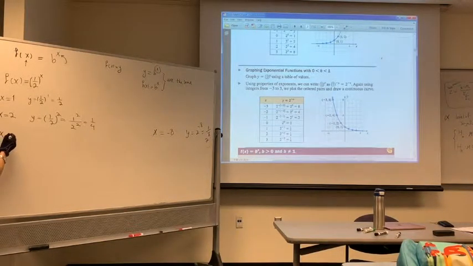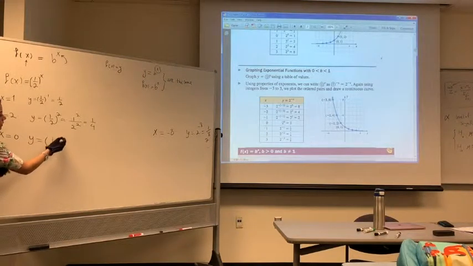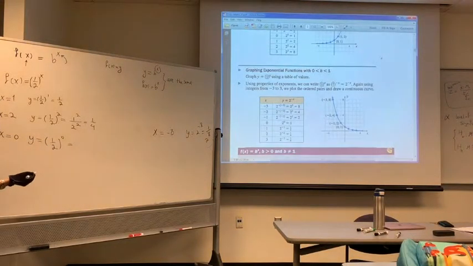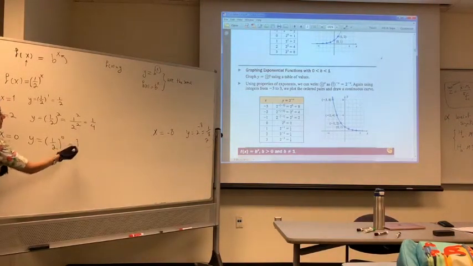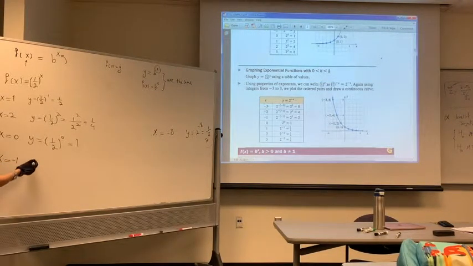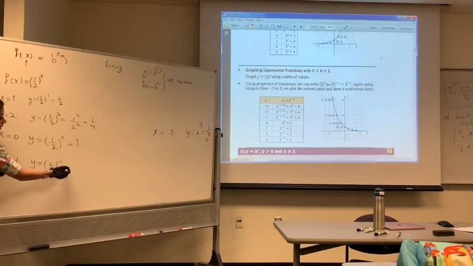Then x is equal to 0. 1 over 2 power 0 is 1, right? Yes. Correct? X is equal to -1. Now, y is equal to half power -1.